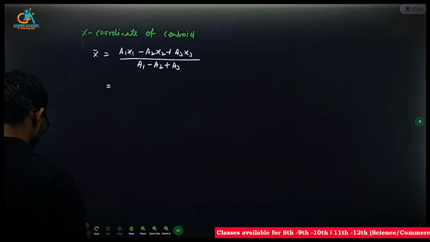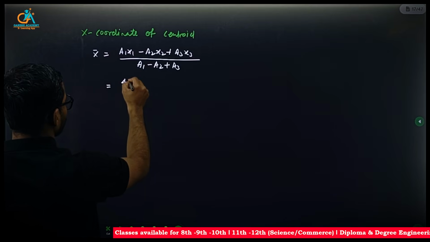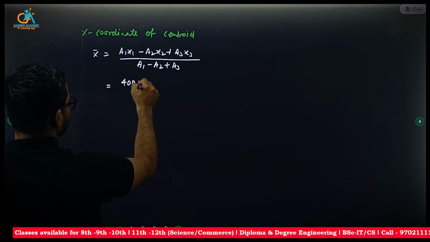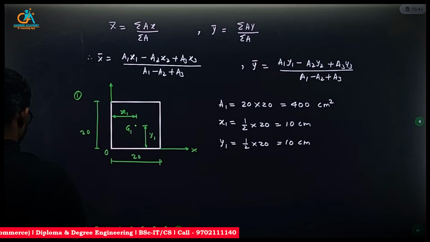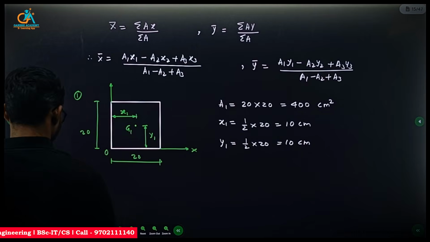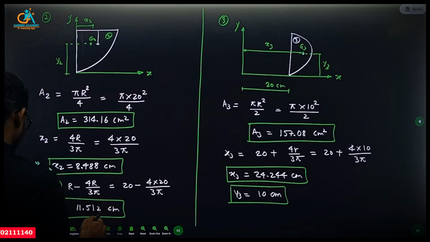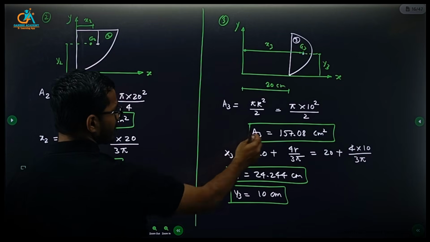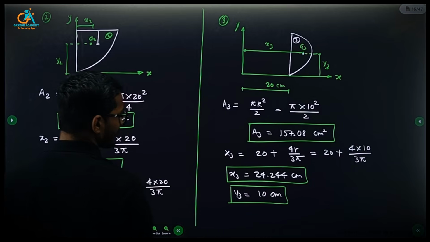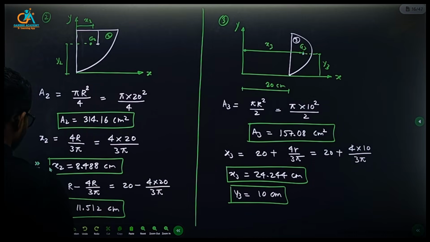So A1 is 400, X1 is 10, right? A2 is 314.16 and X2 is 8.488, and A3 is 157.08 and X3 is 24.244.